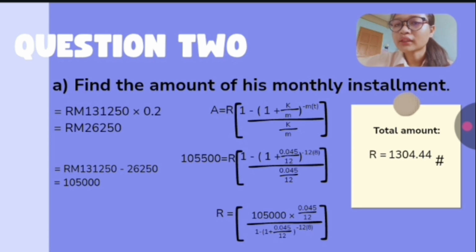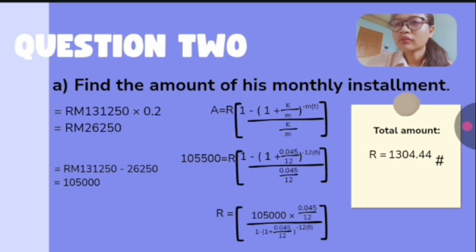R equals 105,000 multiplied by 0.045 per 12, per 1 minus bracket 1 plus 0.045 per 12 bracket to the power of minus 12 times 8. So the answer for this calculation is R equals 1,304.44.